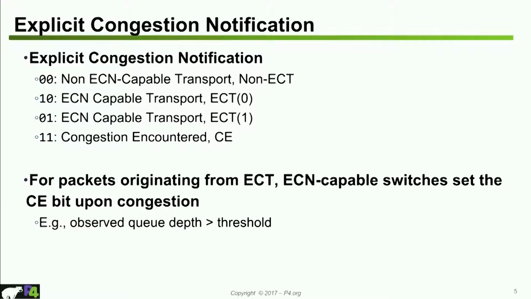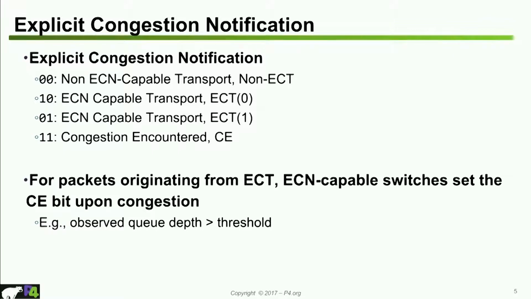But if the host actually wants to receive some notification from the network about congestion, it can set either of these 2 bits to 1 to notify the switch that, yes, I want to receive notifications and I'm capable of processing them. So when the switch receives a packet from a host that wants to receive this kind of notification, it can look at different statistics. For example, let's say the queue depth at the time that the packet arrives at the switch.